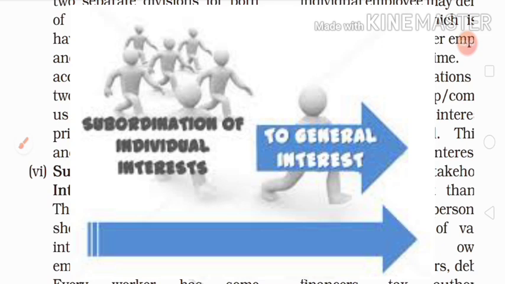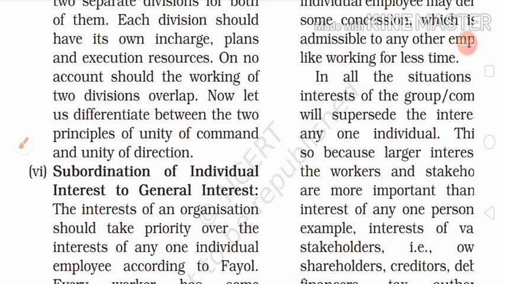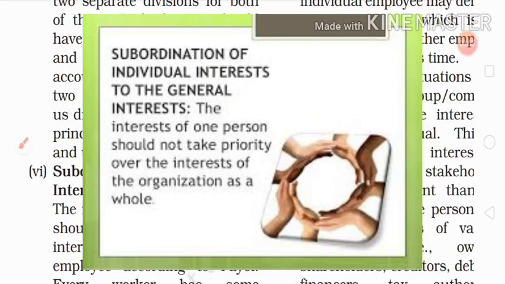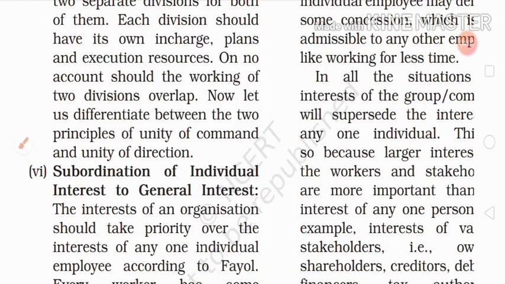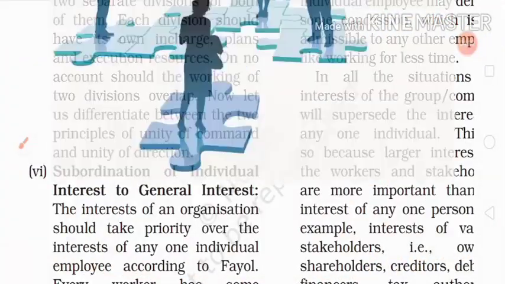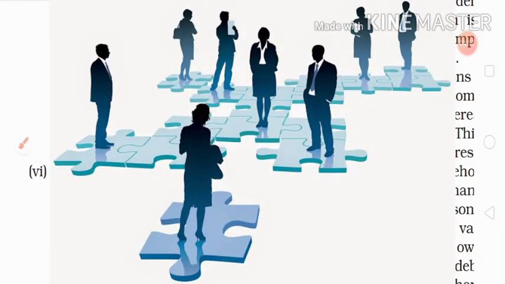So if the objective of the individual is in the same direction as the organization, then there is no problem. But if the objectives of both are in different directions, then the manager must try to reconcile individual interest with organizational goals. And if it is not possible, then the individual goal must be sacrificed for achieving organizational goals.